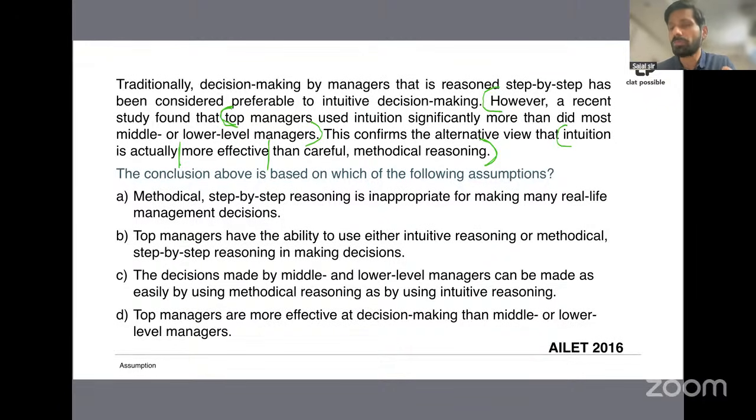So what the correct option will do is to connect these two pieces, right? The premise to the conclusion, right? Let's look at the options. A says methodical step-by-step reasoning is inappropriate for making many real-life management decisions. So the author's point is that intuition is more effective than methodical reasoning based on the fact that top managers, once again, I'll write it here.